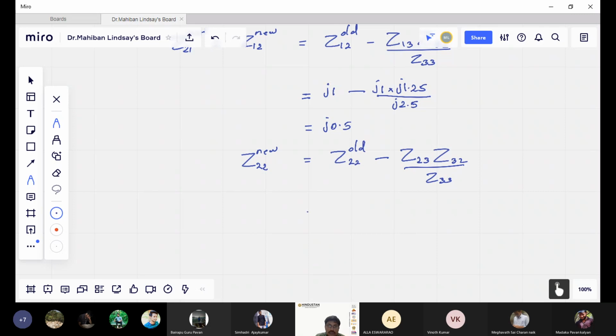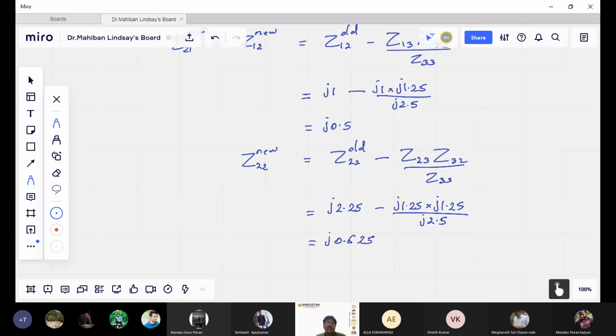Z22 old is equal to j2.25 minus the Z23 value, j1.25, multiplied by the Z32 value, j1.25, divided by j2.5. Just put everything in your calculator, and you will get j0.625. Now listen, now we got all the four values.